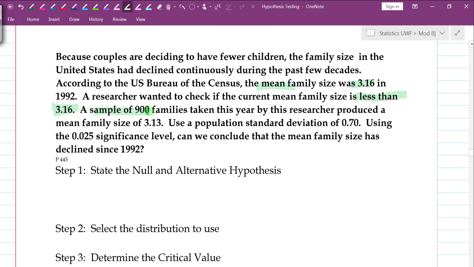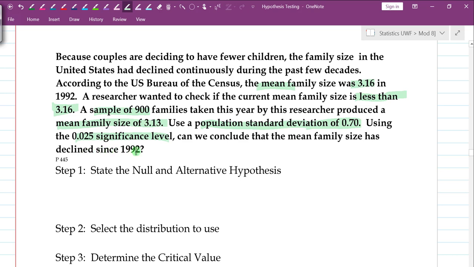A sample of 900 families was taken this year by the researchers, produced a mean family size of 3.13. So that is the sample mean. Use the population standard deviation of 0.7, using a 0.025 significant level, can we conclude that the mean family size has declined since 1992?